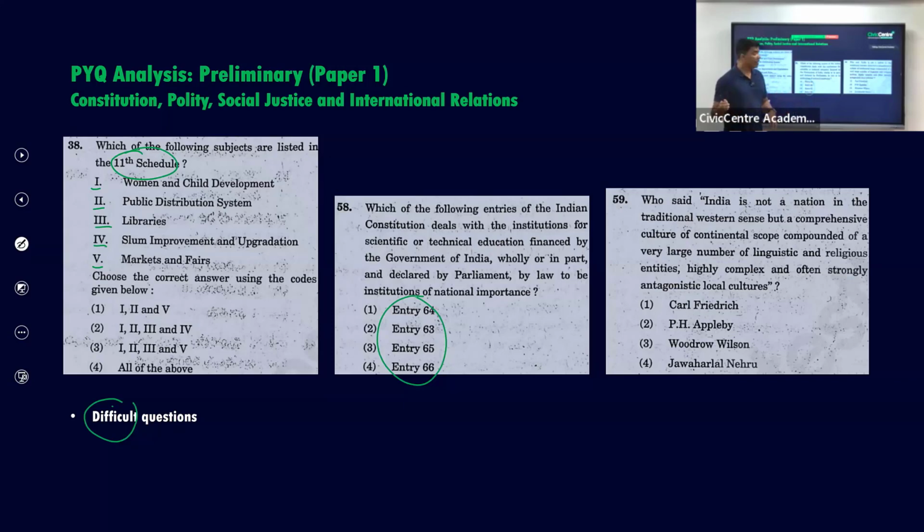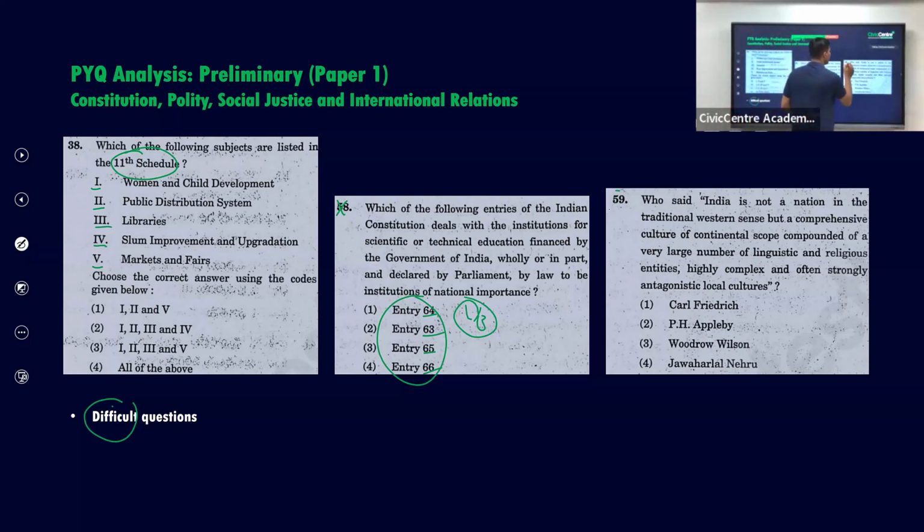Here we cannot have a vague idea because the options are 63, 64, 65, 66. Most of us don't know the entry number. In such cases it is better to leave the question, because the chance of knowing that entry is very rare, so the chance of getting the 1/3 negative is very high.